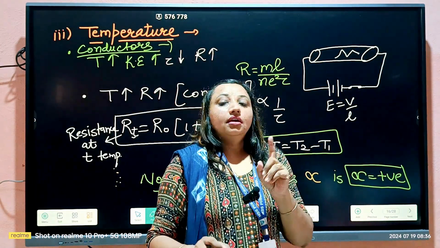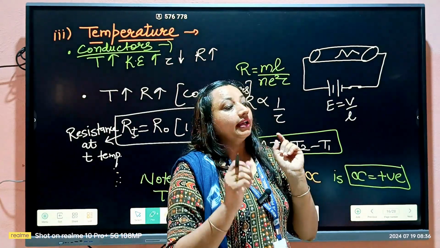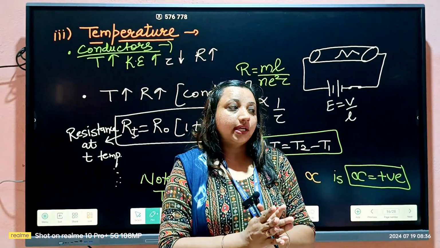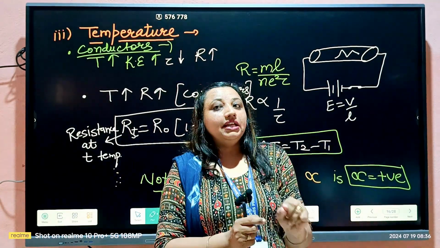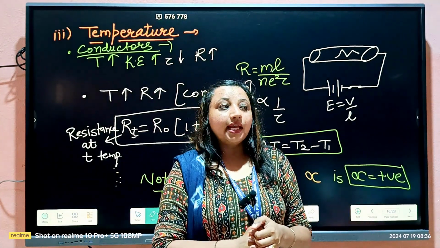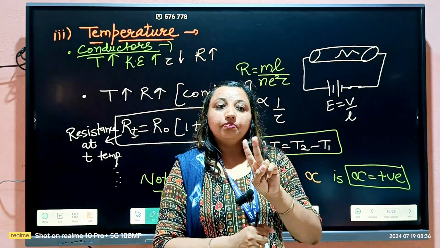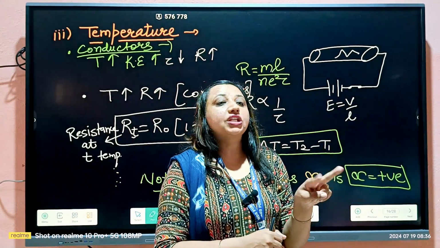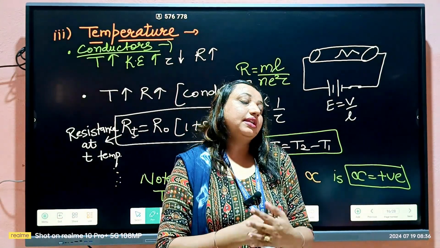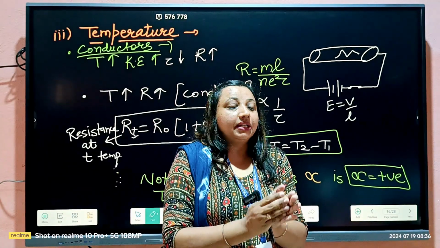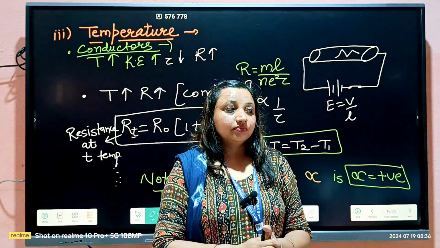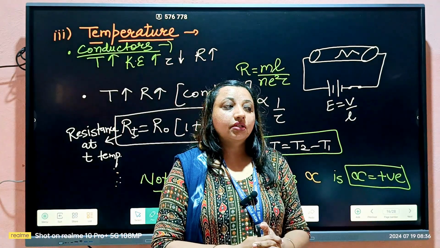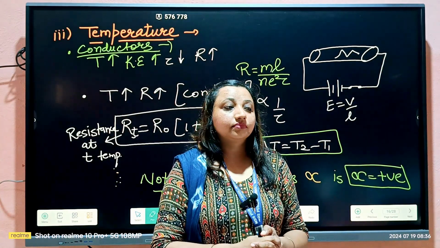Okay, we only take one example, like copper wire, right? We increase the temperature, then we have two cases now, before increasing the temperature and after increasing the temperature. In which case the resistance of the conductor becomes high? Did you understand what I am asking?